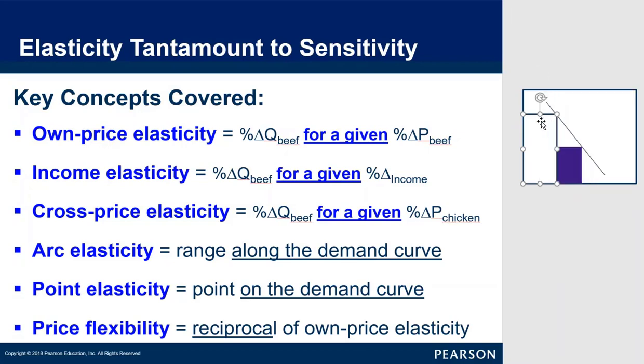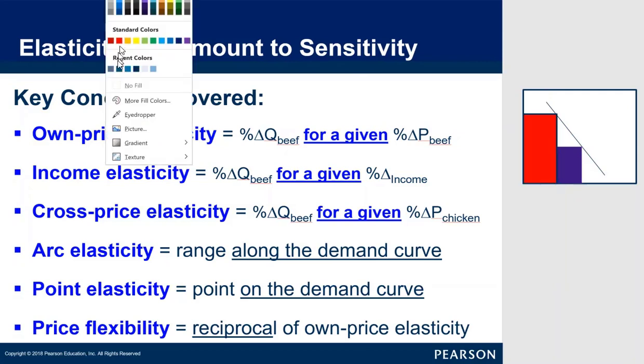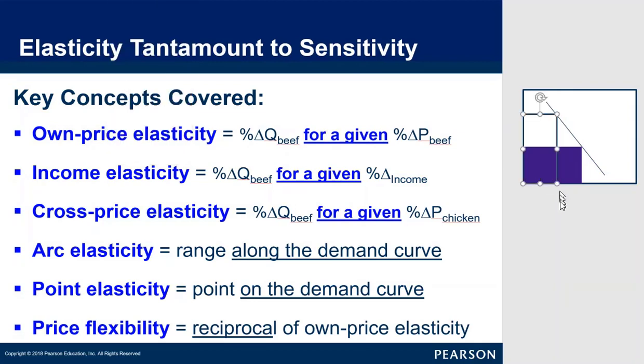When we take a look at the difference between the two, we're going to say, how much did we give up here versus how much did we gain here? And that is going to have to do with the slope, and we're going to calculate slope. So remember, slope is rise over run. So how much did it rise and how much decrease did it run? Okay, we'll get into those more specifically.